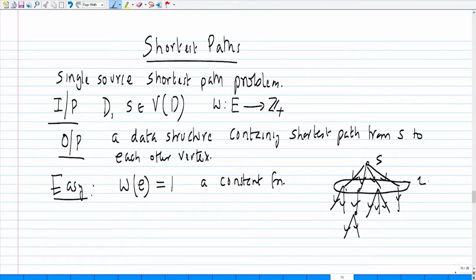This is layer number 1, their distance from the source is all 1. This is layer number 2, the distance is all 2, and so on, right? And therefore, induction on the layer number, you can prove that the layer number is indeed the distance of the vertex from the source, right? So I am not writing this statement down. The proof of correctness of this claim is proved by induction on the layer number of a vertex. Fine. Okay.